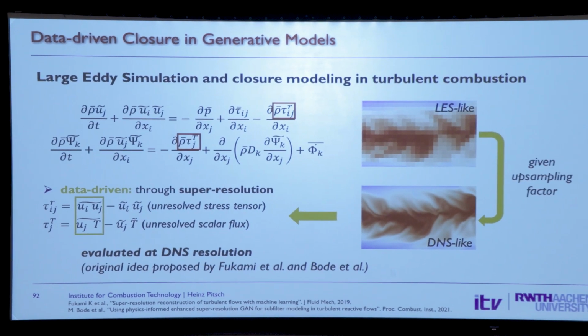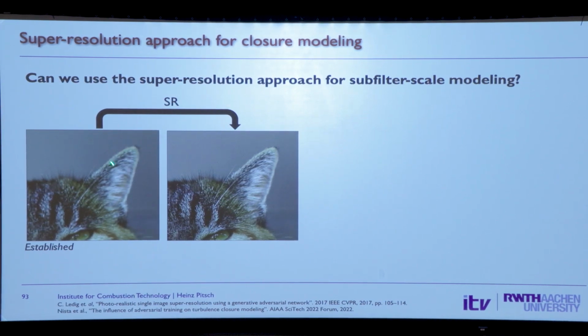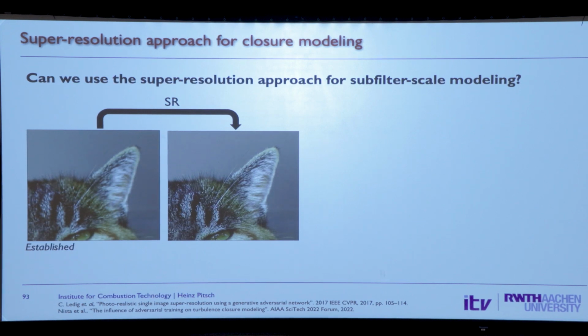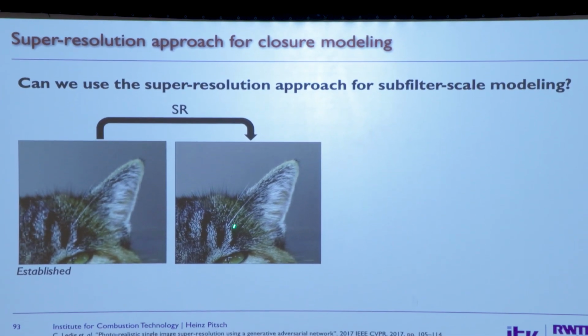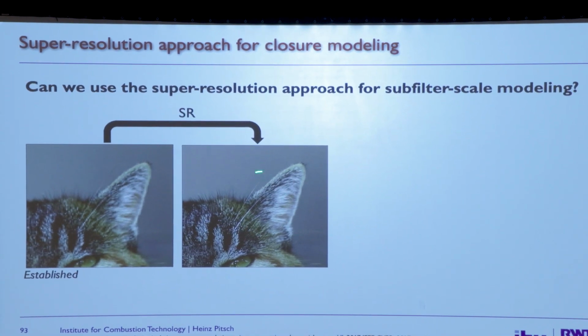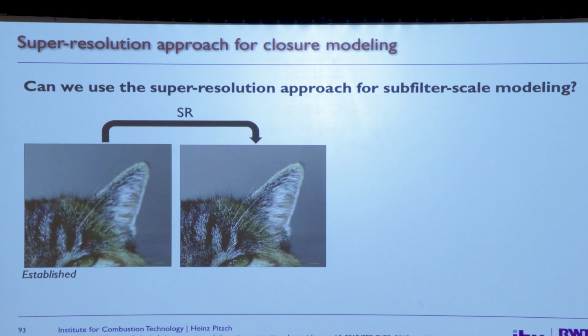And so this is what people have used in computer graphics. You see this cat here, and it's kind of pixelated. But somebody trained a network that has seen a lot of little cats in higher resolution, and then you super resolve. The network then gives you this, and you see these hairs, and all the structure is a lot better.